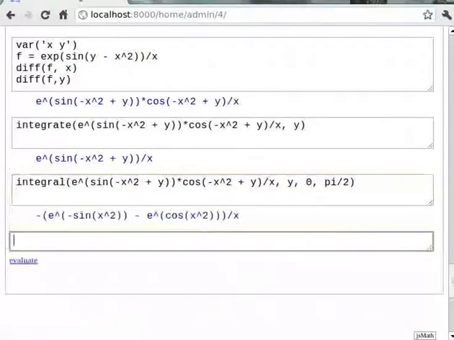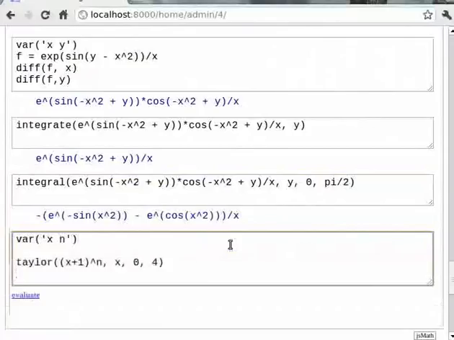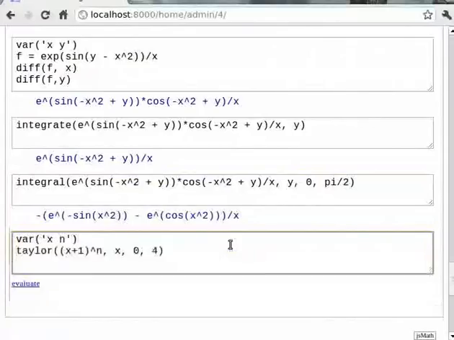Now let us see how to obtain the Taylor expansion of an expression using Sage. Let us obtain the Taylor expansion of x plus 1 raised to n up to degree 4 about 0. So for that you can type var within brackets x space n in single quotes, then type Taylor within brackets x plus 1 raised to n comma x comma 0 comma 4.